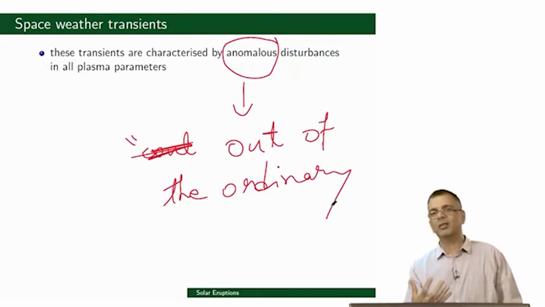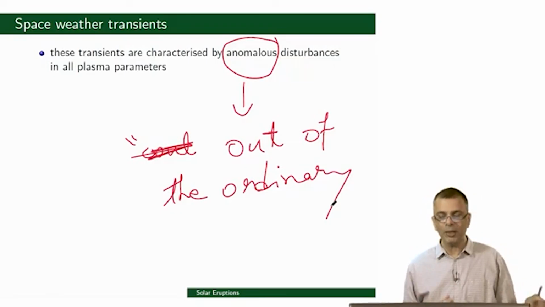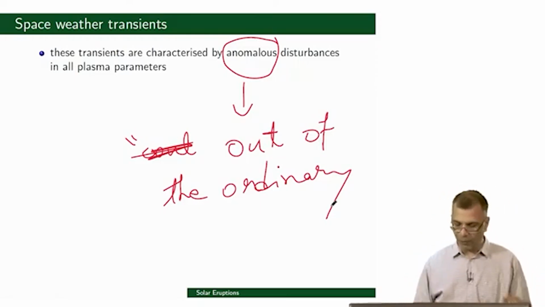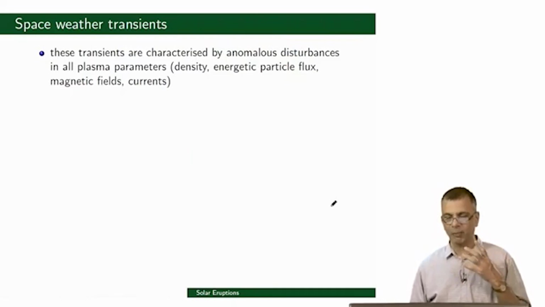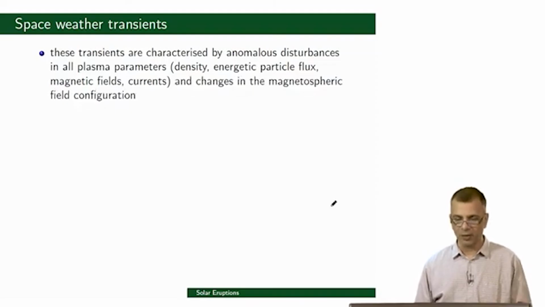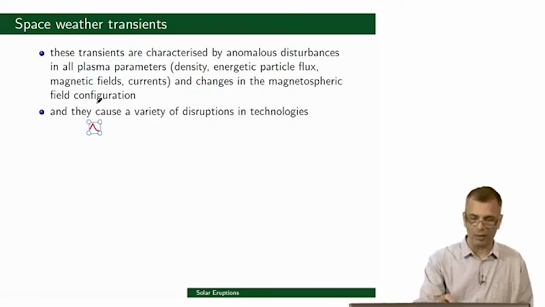And when these coronal mass ejections interact with the Earth's magnetosphere, there are out of the ordinary disturbances in all plasma parameters, such as the plasma density, the energetic particle flux, magnetic fields, currents, and so on and so forth. Lots of things. And also changes in the magnetospheric field configuration.